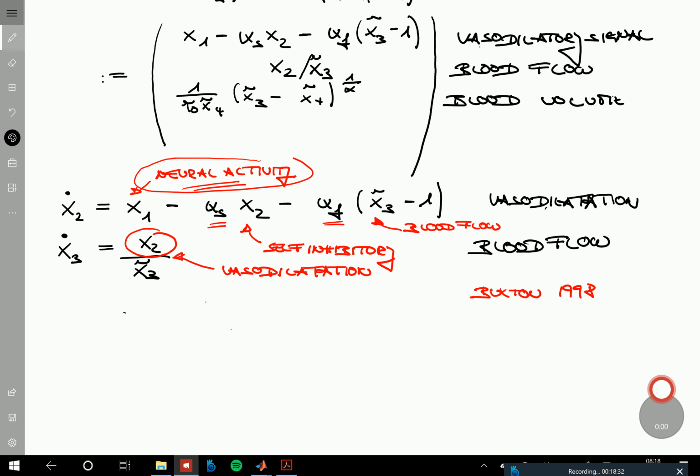And then we have deoxyhemoglobin content, which is evolving according to this equation.